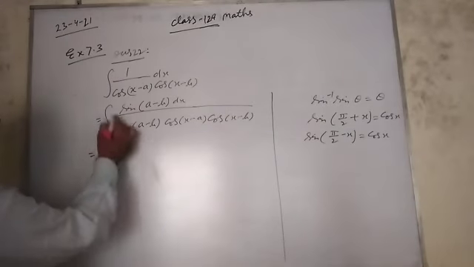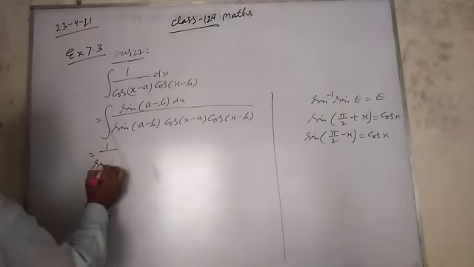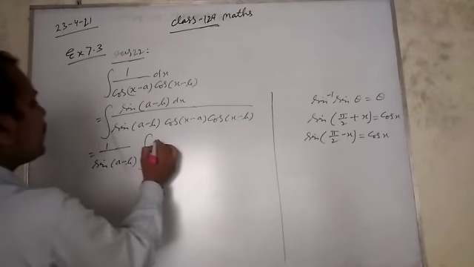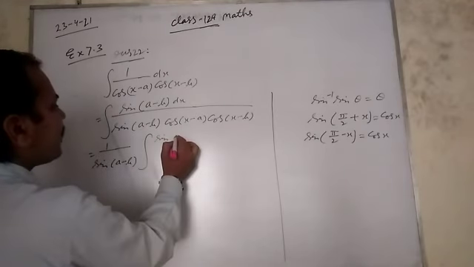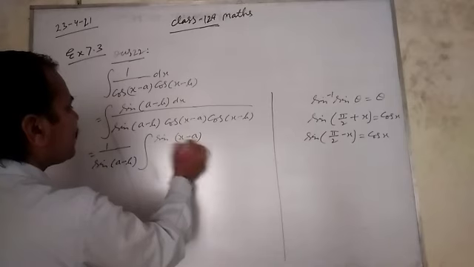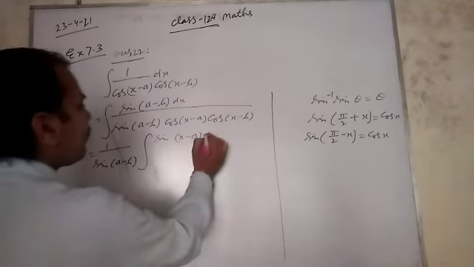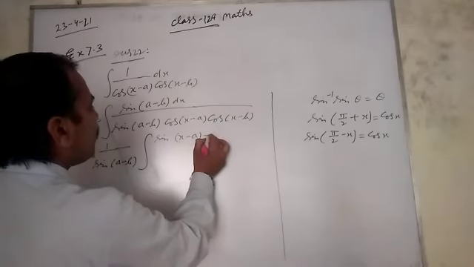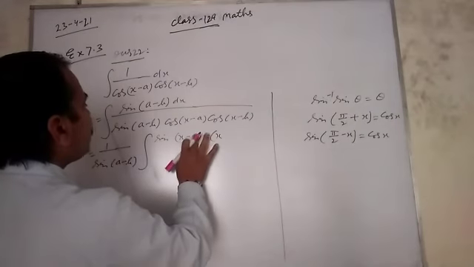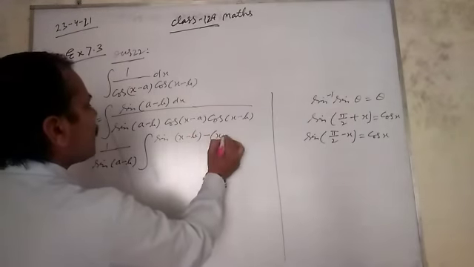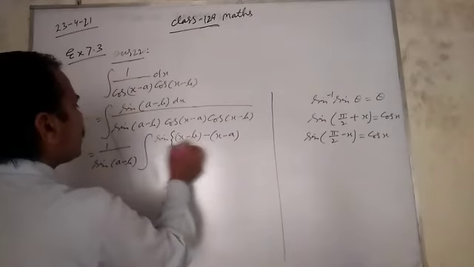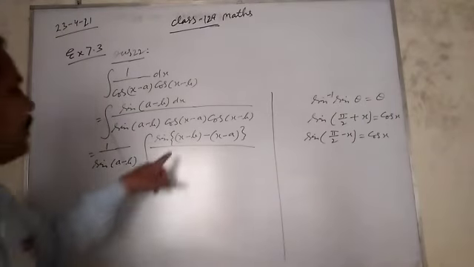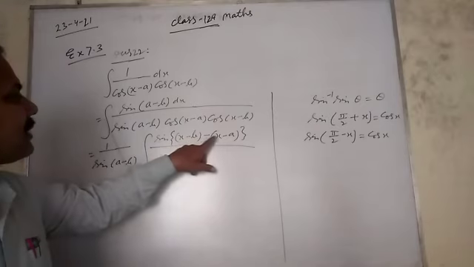So 1 upon sin(a minus b), that is a constant, so it will be outside. And here in place of sin(a minus b) we can write sin((x minus b) minus (x minus a)).